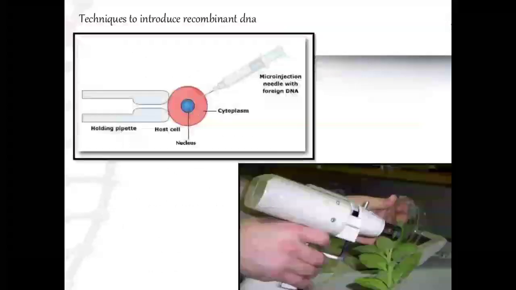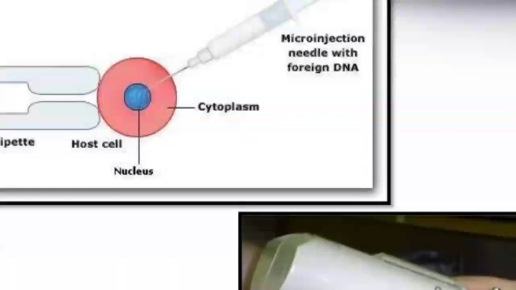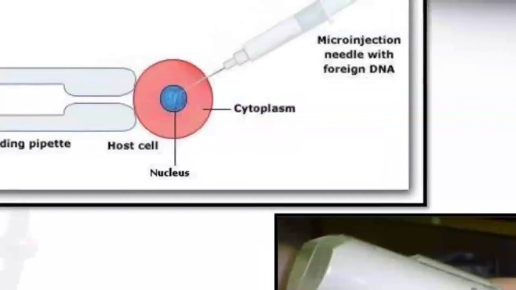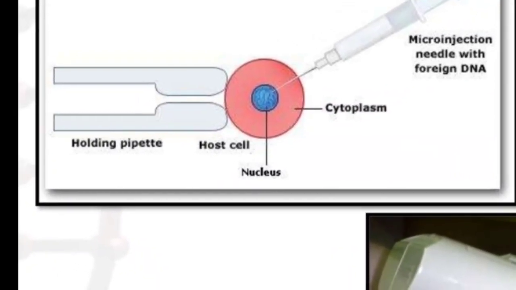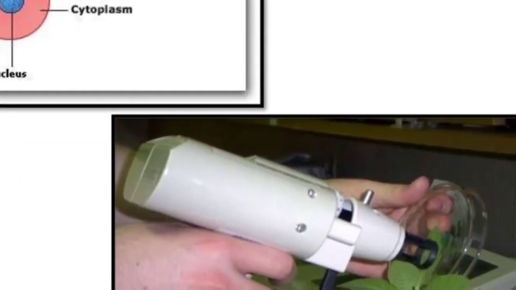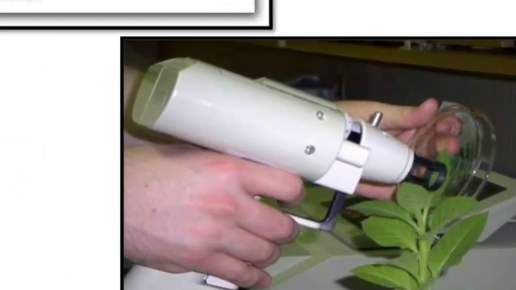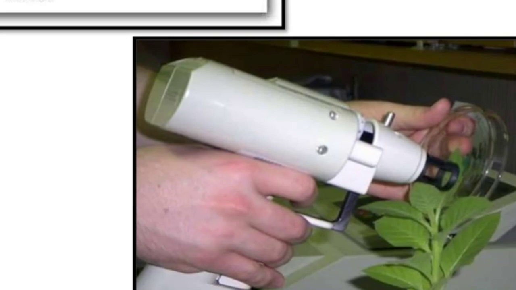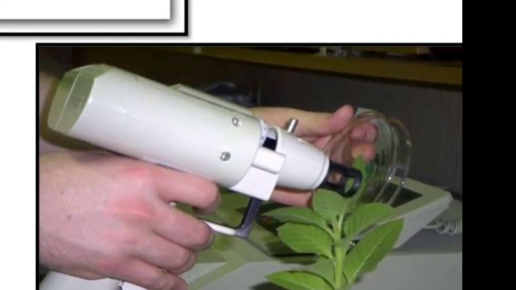Techniques to introduce the recombinant DNA include microinjection, in which a microinjection needle with the foreign DNA is used to inject into the cytoplasm while holding the cell with a pipette. This technique is used to introduce DNA into the plant cell.